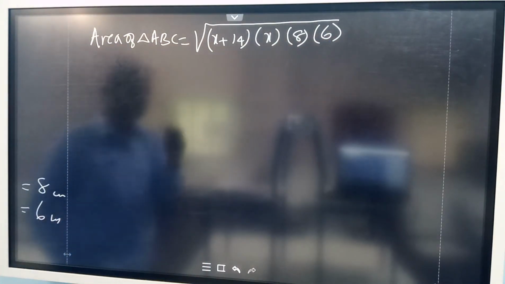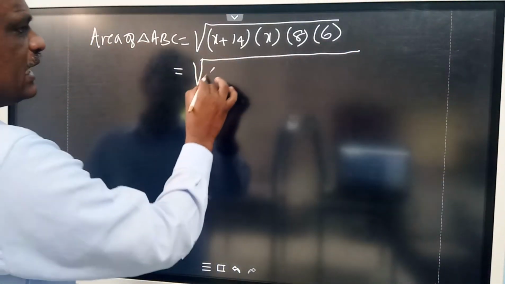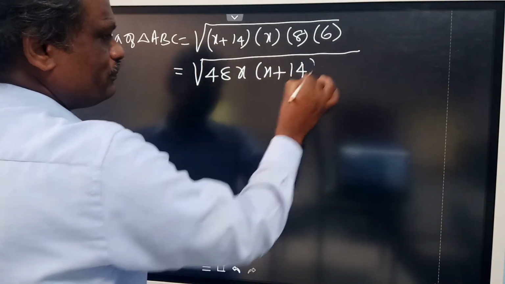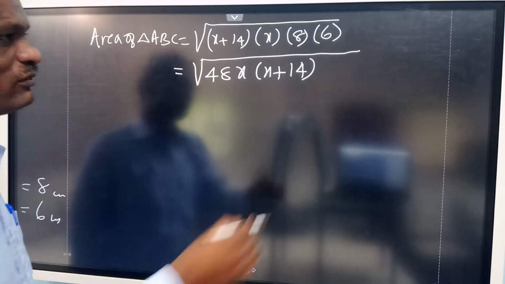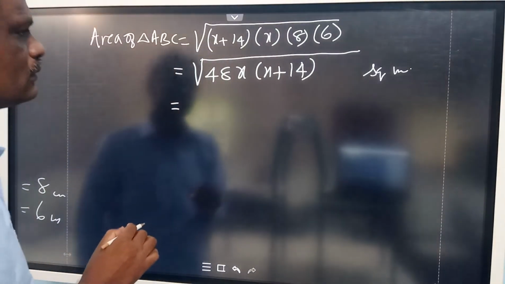So you simplify this one. So this will become 48x into x plus 14. Okay, this is the value of area of triangle ABC, square units. You can take this outside also.